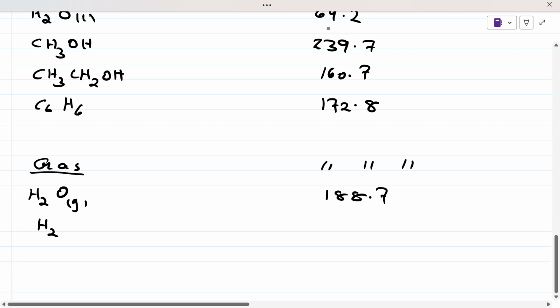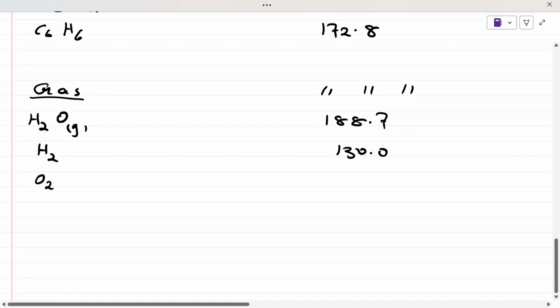Hydrogen gas has an entropy of 130.0. Oxygen has an entropy of 205.0. Nitrogen has an entropy of 191.6.